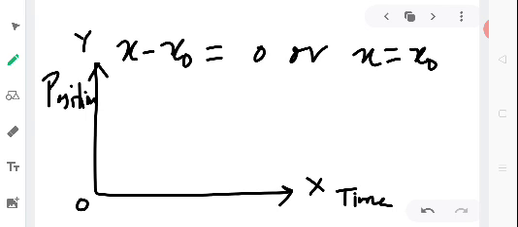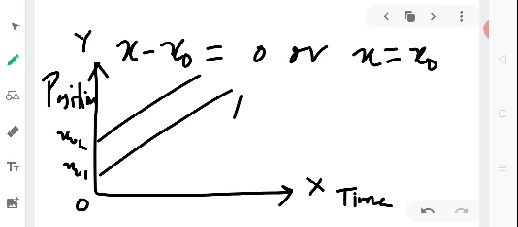If x01 is the position for A and x02 is the position for B, then for object A the graph will be like this, and for object B it will be like this. As I was saying, their position time graphs are parallel straight lines.